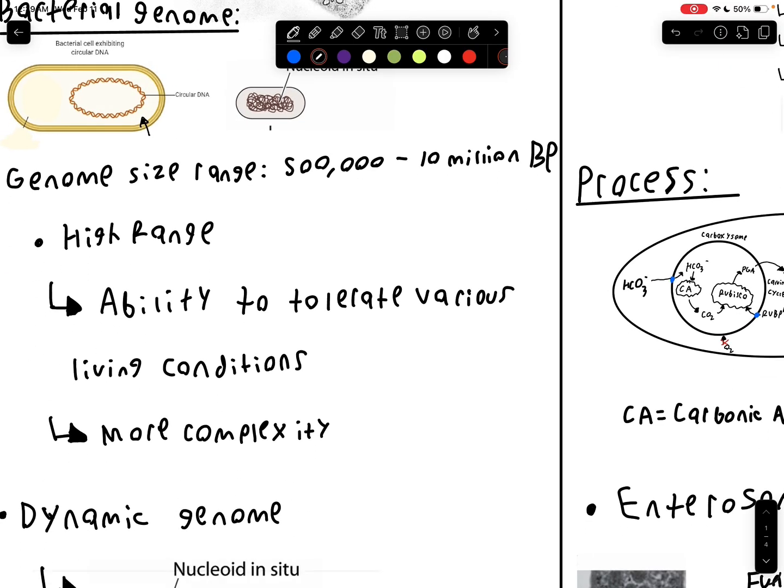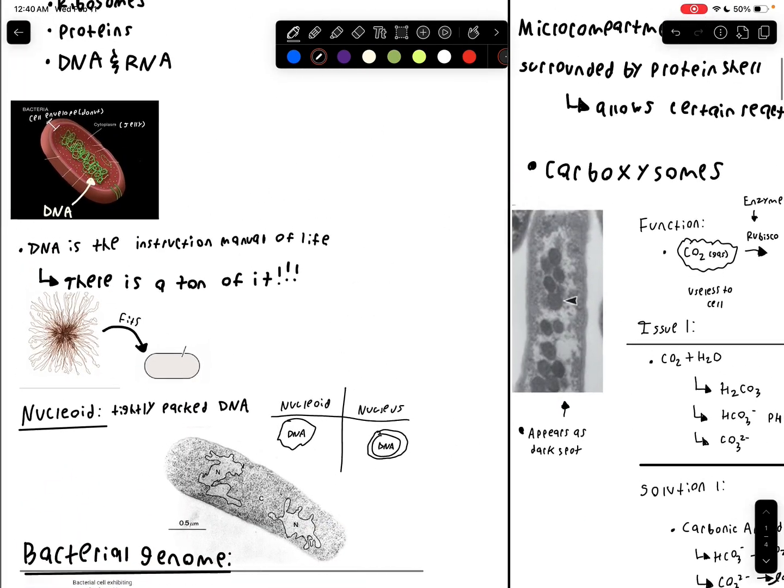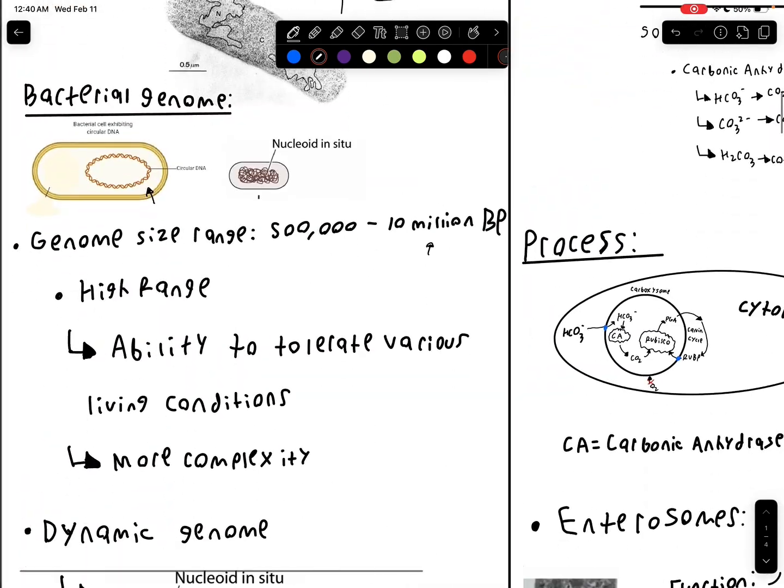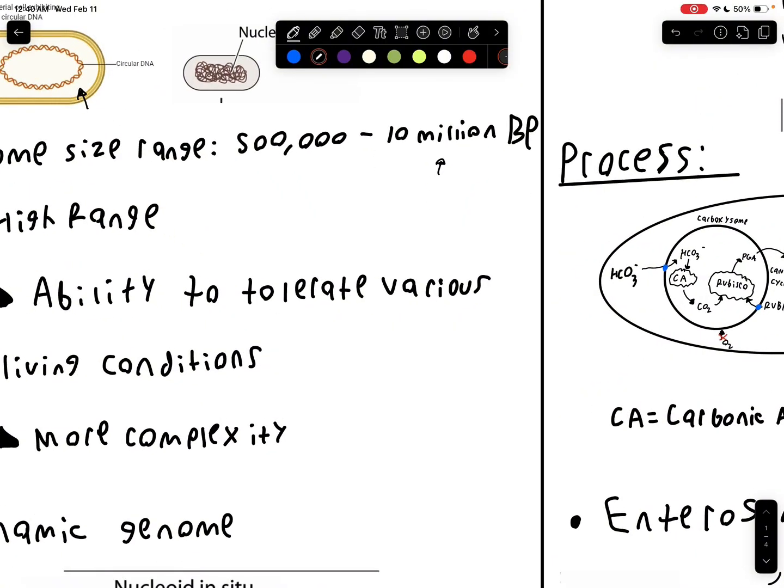And there's a reason for that, right? The ability to tolerate various living conditions will increase the amount of base pairs. So let's think one more time about that instruction manual. If you have a cell that needs to tolerate various different environments, it'll need more instructions to be able to do that.